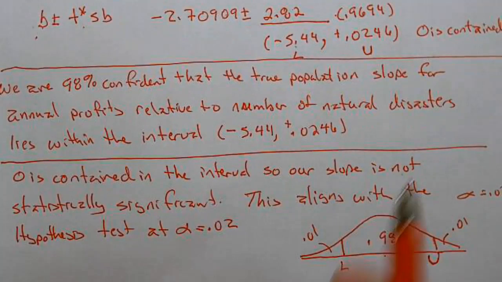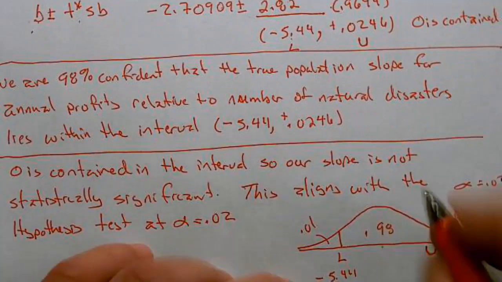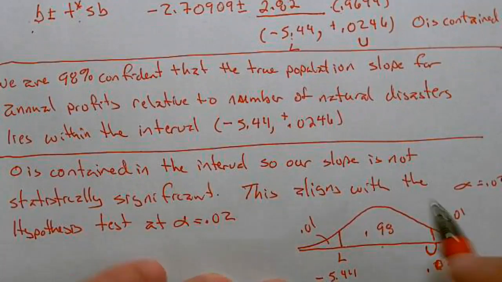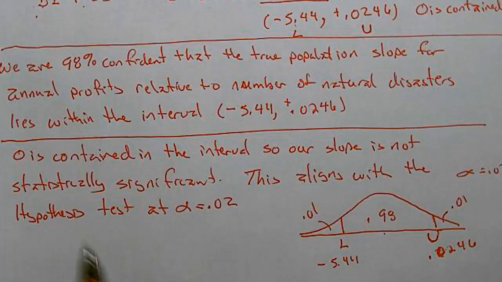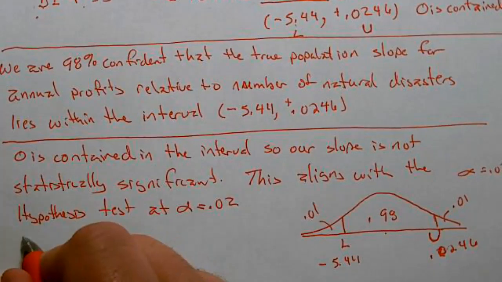And our lower bound, of course, is the negative 5.44 to a positive 0.0246. Barely crosses over 0, but it does. All right. So it barely crosses over, but 0 is contained in the interval, so our slope is not statistically significant. This is the same as what we got at our hypothesis test at alpha equals 0.02. This occurred because both are two-tailed tests with the same area in the tail.